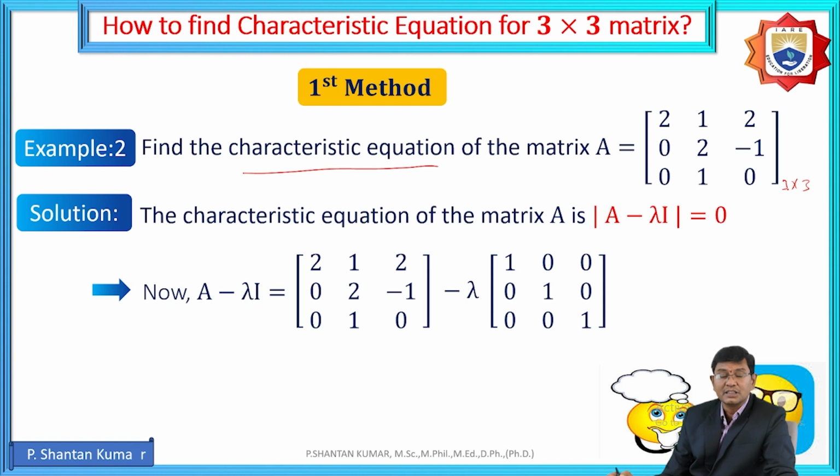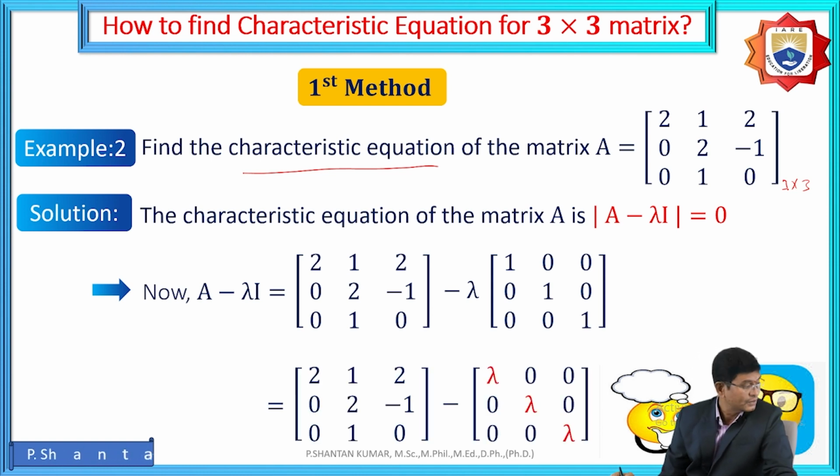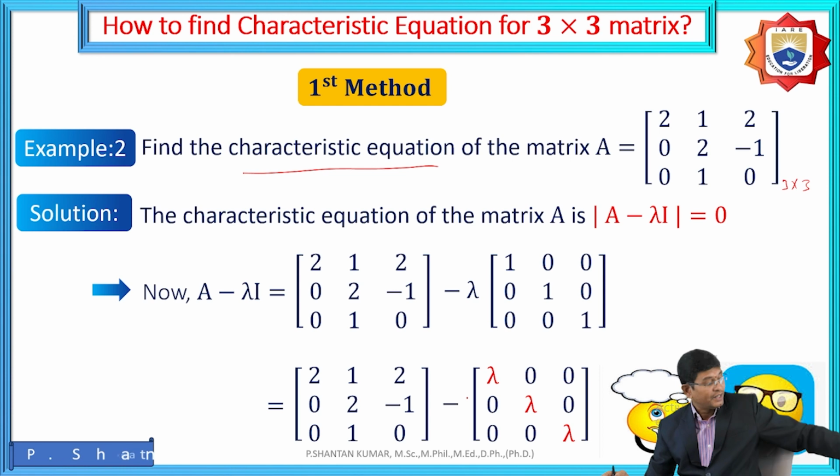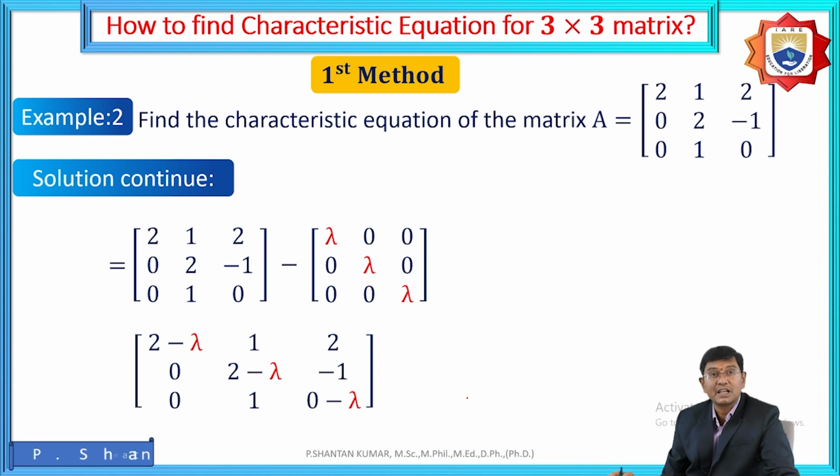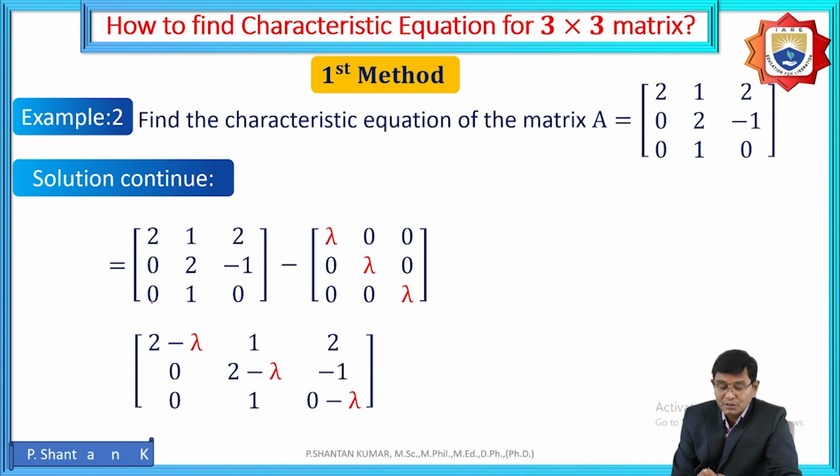With the help of this, in matrix notation, the entries are 2 minus lambda, and again 2 minus lambda, and 1, 2, and 0 minus 0 is 0, and 2 minus lambda once again.